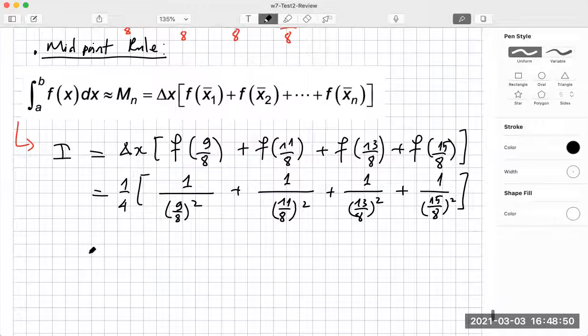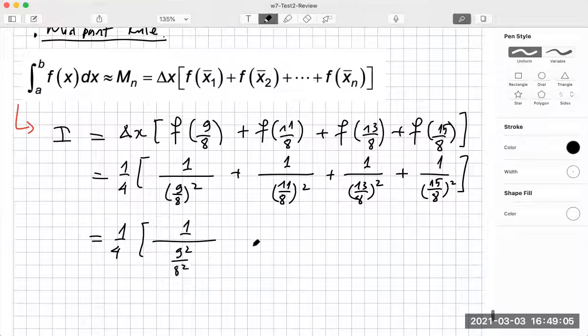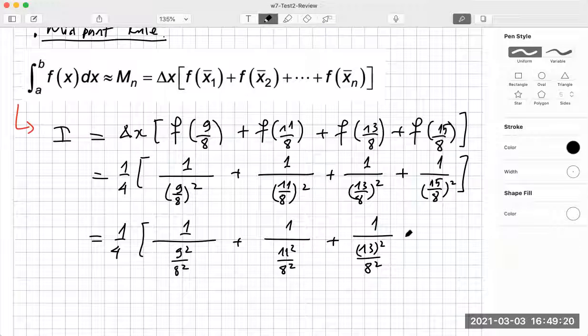Okay, it is 1 over 4. So 1 over 9 squared divided by 8 squared plus 1 over 11 squared over 8 squared plus 1 over 13 squared divided by 8 squared, right? The power rule. Plus 1 over 15 squared over 8 squared.